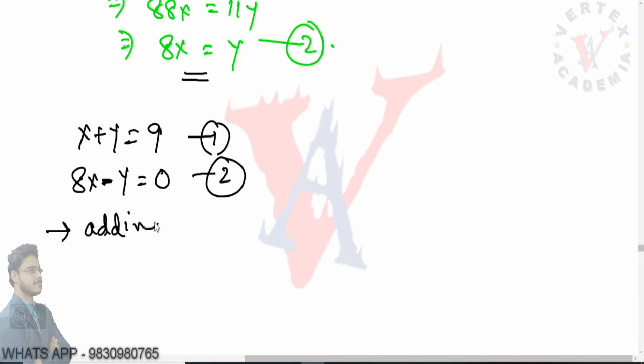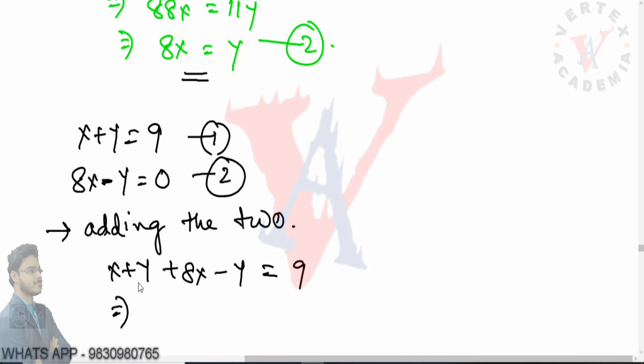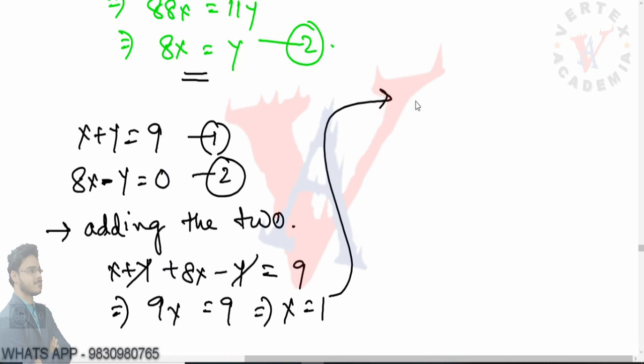So adding the two, what we get is x plus y plus 8x minus y equals 9. So here plus y minus y gets cancelled. So 9x equals 9, or x equals 1. Now putting x equals 1 in any of the equations, let us put it in equation 2.